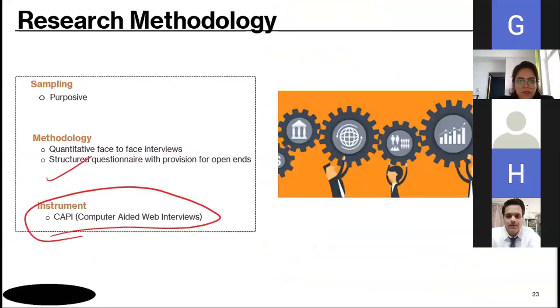So this was the research methodology: purposive sampling, face-to-face interviews, and a structured questionnaire, and we used CAPI. CAPI is the computer-assisted personal interviewing method. So you use a tablet to show the questionnaire to respondents, or take responses on a tablet.